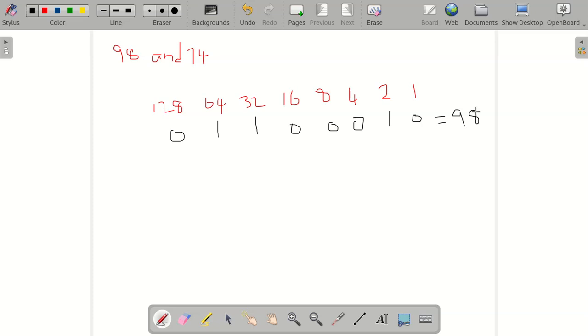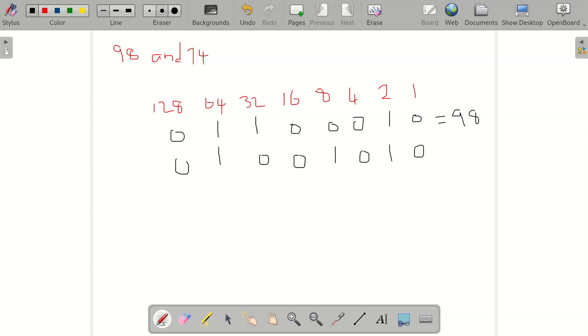Now we have 74. For us to get 74, we say 64, plus 8. So 64 plus 8 is giving us 72. Then 72 plus 2 is giving us 74. So there we go, we have our 74.